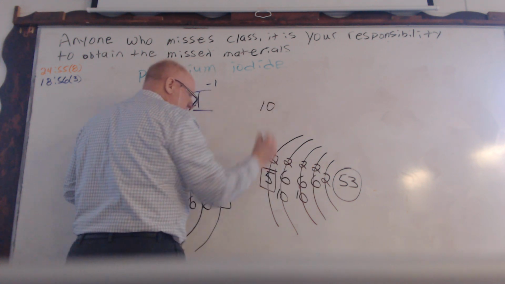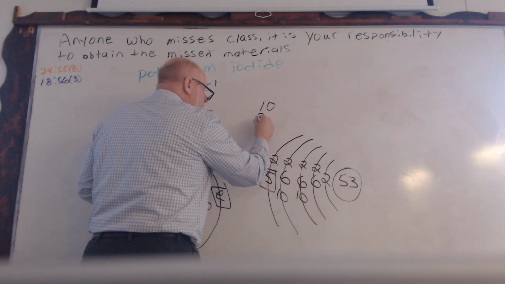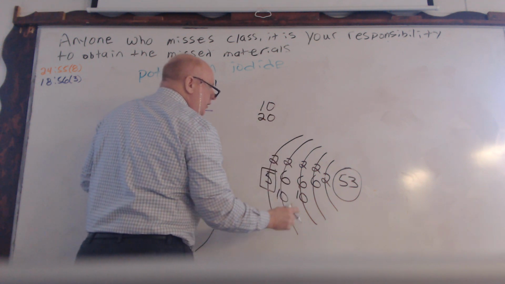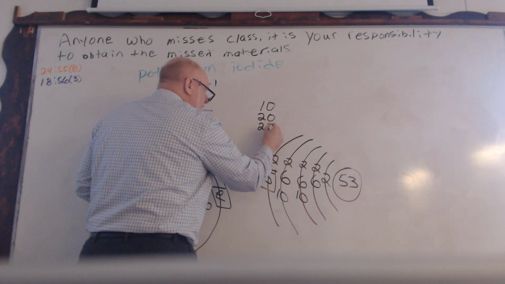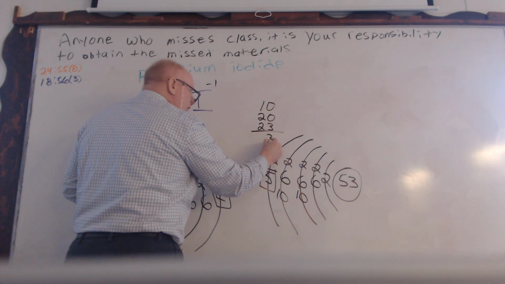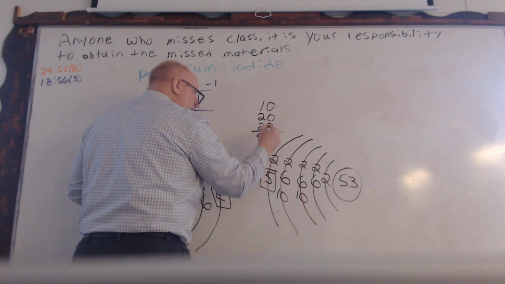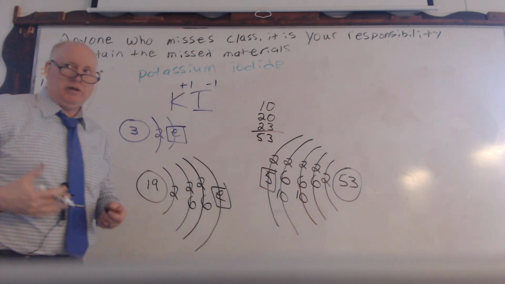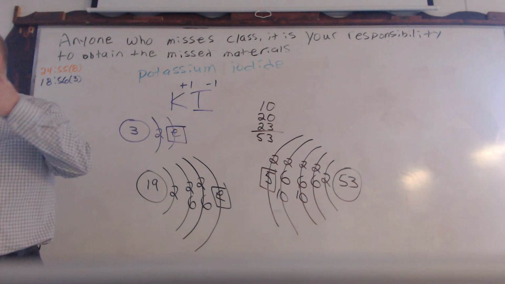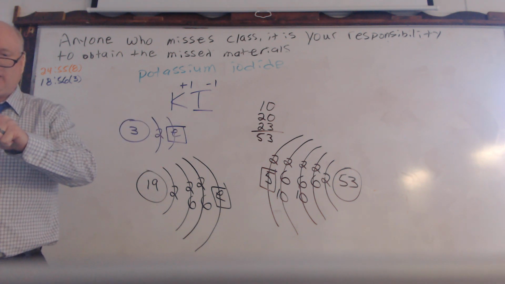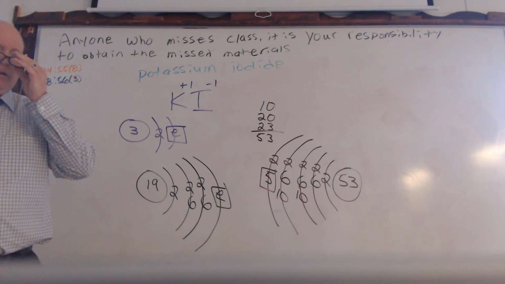Simple math. I like that. 2 more, that's 20. Okay? So then, looks to me that we've got 18 and 23. Okay? So 3, 4, 53. That matches that number. So that's got to be right. You can always check your answer to see if they add up to one another.